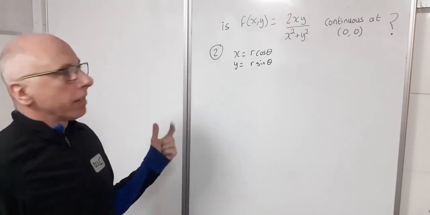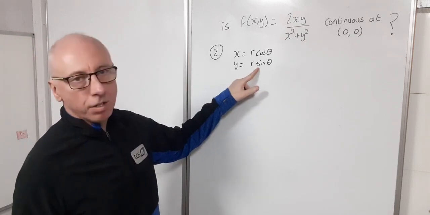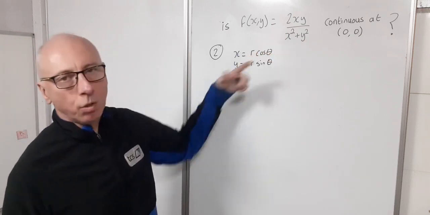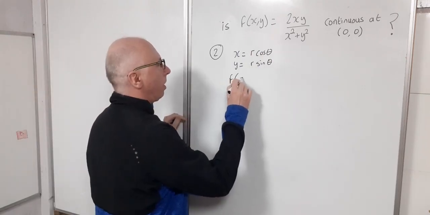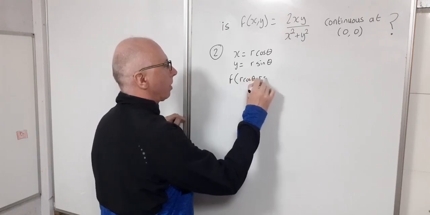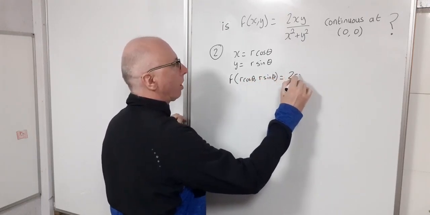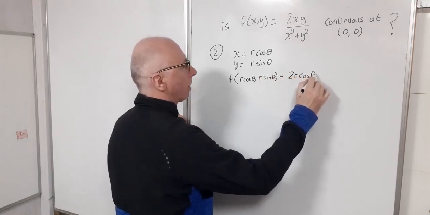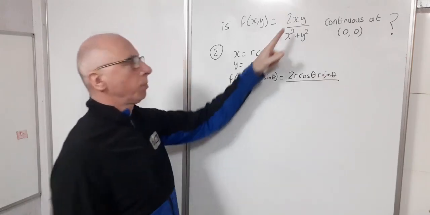Okay, now to transform that, just plug in r cosine theta and r sine theta where I see an x or a y respectively. So now my f of r cosine theta, r sine theta becomes 2 r cosine theta, r sine theta. So just substituting in there.